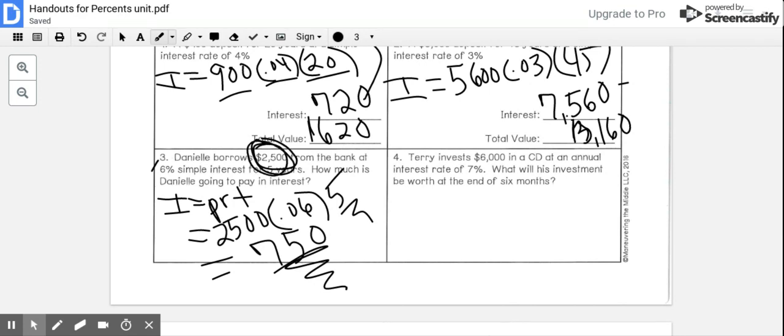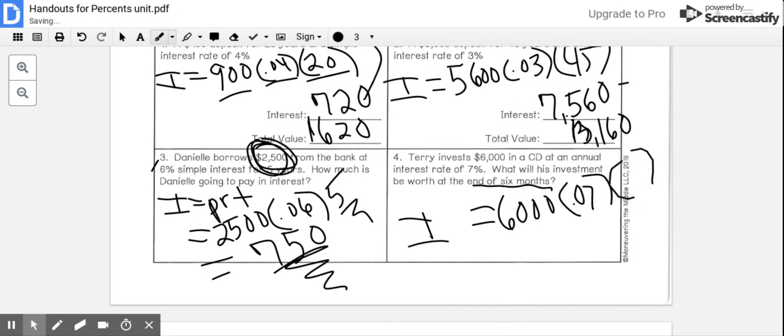Okay, and then the next one. Terry invests $6,000 in a CD. So that would be your principal. At an annual interest rate of 7%, so times 0.07. What will his investment be worth at the end of 6 months? So how are we going to make that work with years? 6 months is half a year.